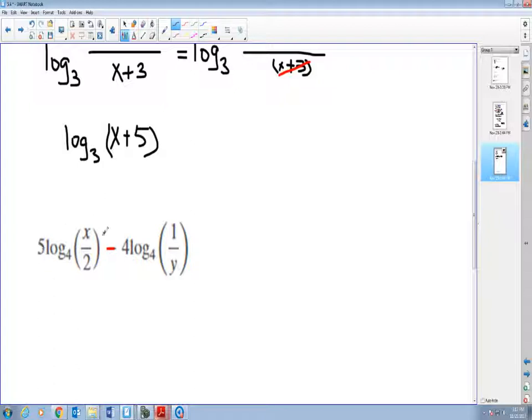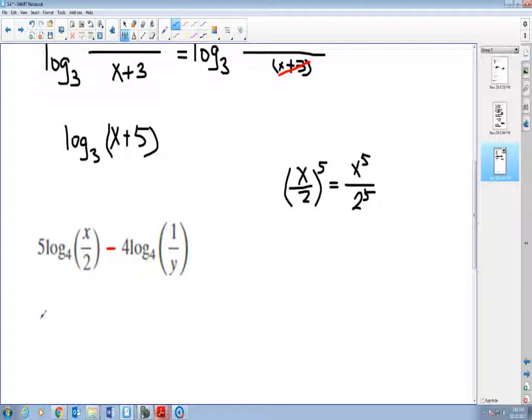So when this 5 goes back on the exponent on the outside of x over 2, that will be to the 5th power. If I apply my power rule, that will be x to the 5th over 2 to the 5th. Same thing with this 4. Once this 4 goes up here, use the power rule. That would be 1 to the 4th over y to the 4th.